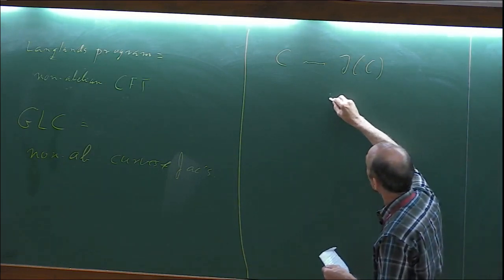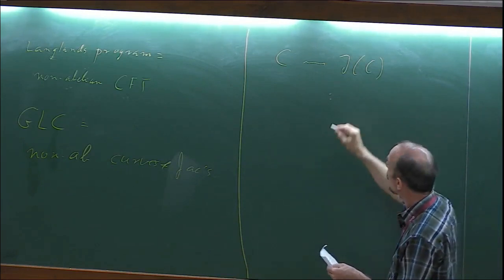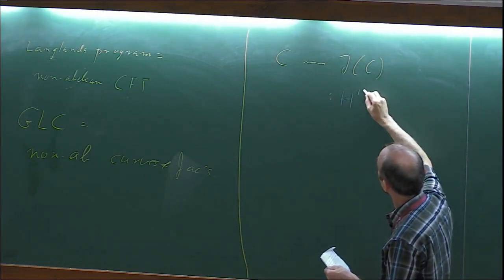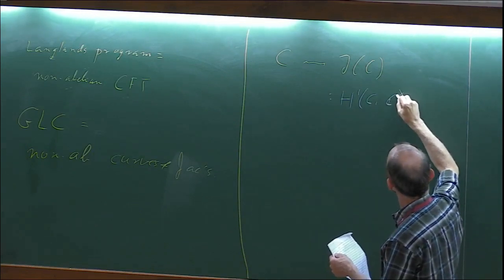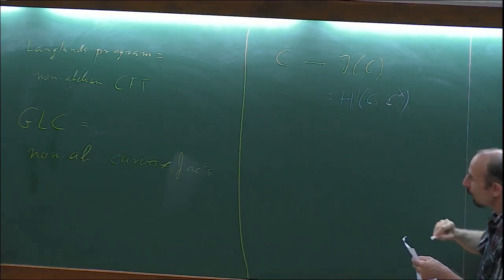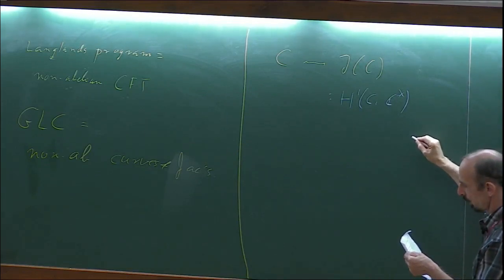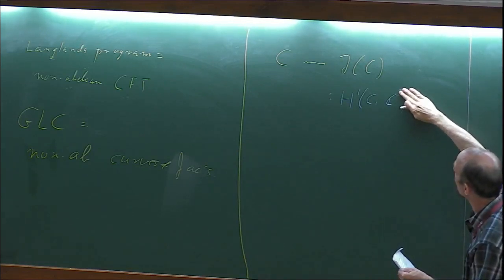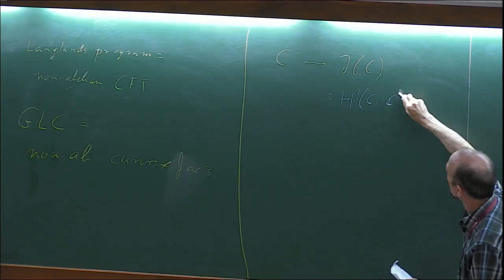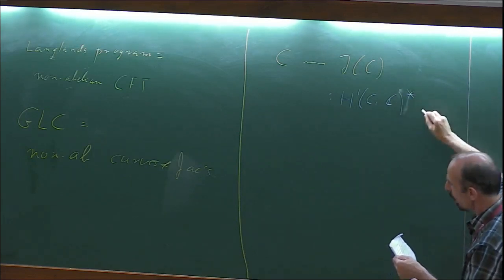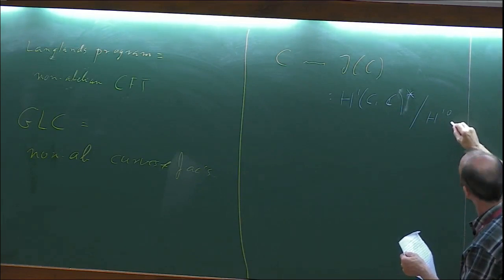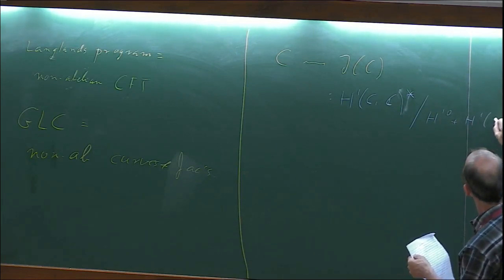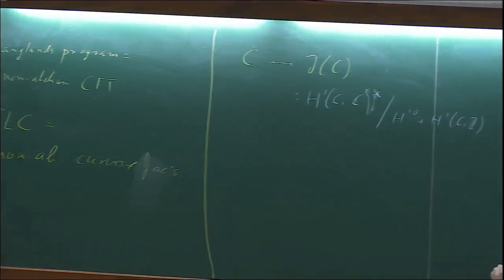So one definition of the Jacobian is you write it as the cohomology of the curve with C star coefficients, so with complex coefficients. The star should be outside, divided by H10 and by H1 integer.